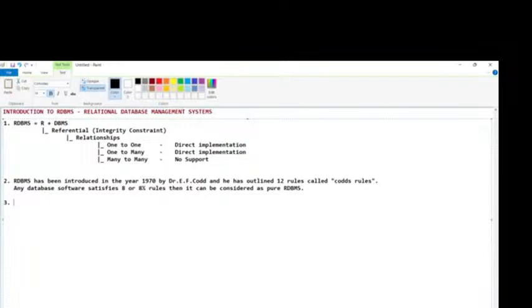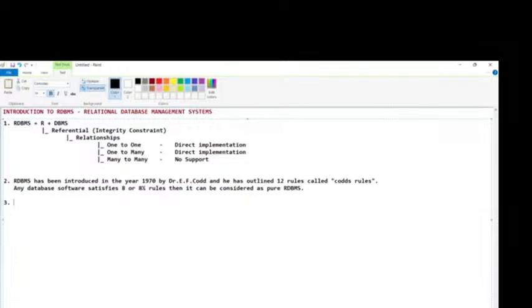Now let's compare. Our subject, SQL Server, satisfies 10 out of 12 Codd's rules. Because it satisfies 10 Codd's rules, which is more than 8, it is a pure RDBMS. There is one more called Oracle, a product of Oracle Corporation.